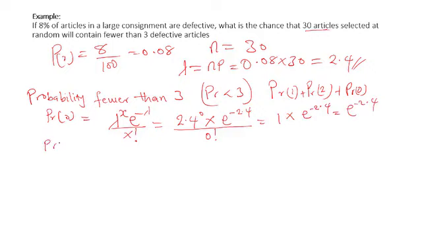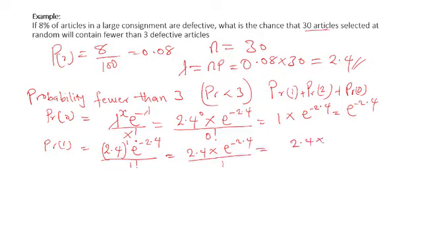Now for the probability of 1, applying this rule, we have the value of lambda, which is constant, but this time raised to the power 1, times exponential minus 2.4, all over 1 factorial. So we now have 2.4 times e raised to the power minus 2.4 over 1, and the value here is 2.4 times e raised to the power minus 2.4.